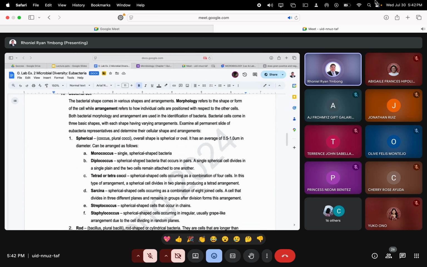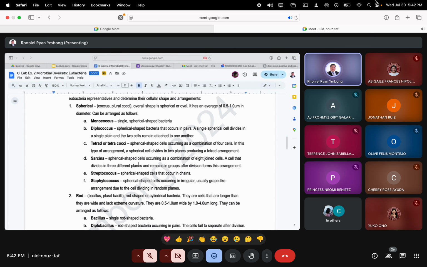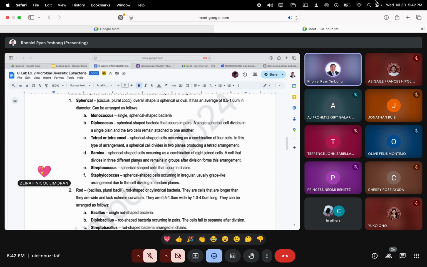You also have here a listing of the cellular shapes and arrangements.